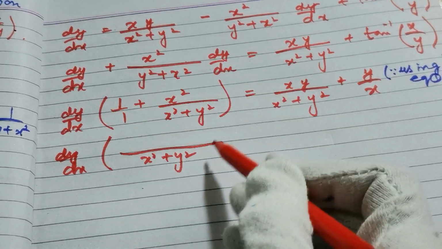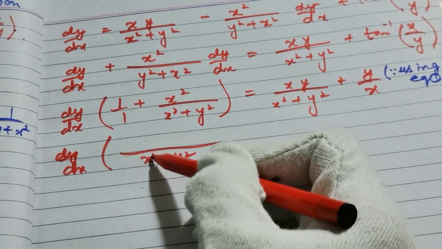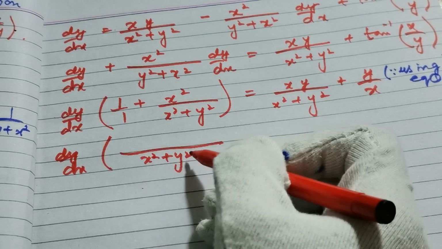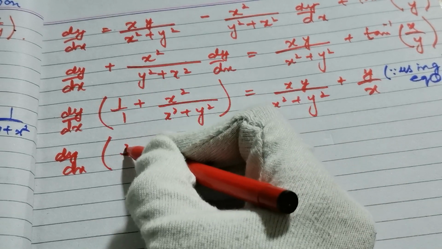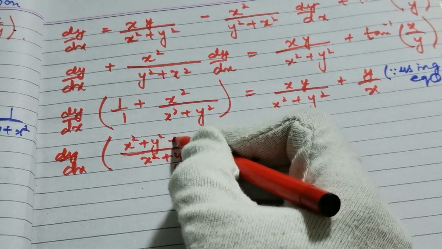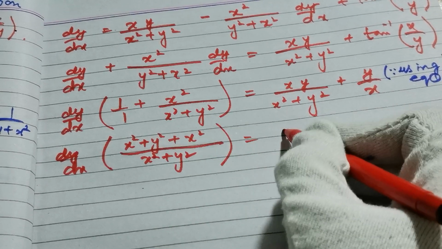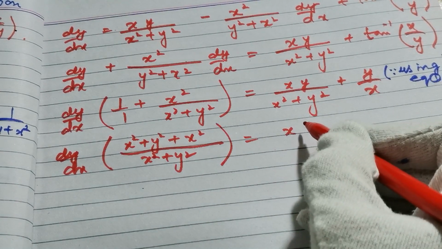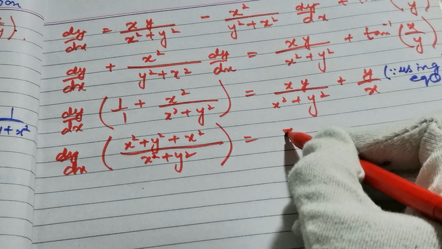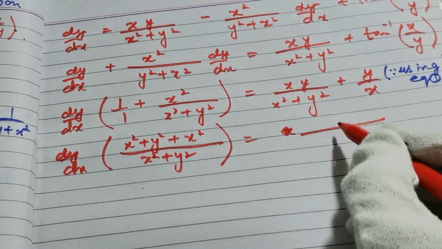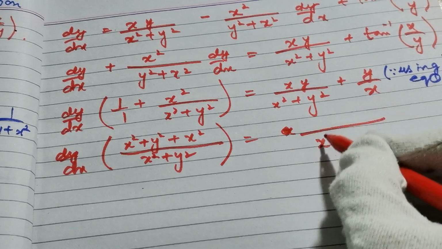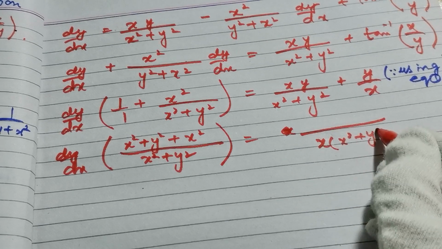Now x squared plus y squared divided by 1, what we get? x squared plus y squared, and multiplying by 1 gives x squared plus y squared plus x squared. For both these terms we take the LCM, x into (x squared plus y squared).